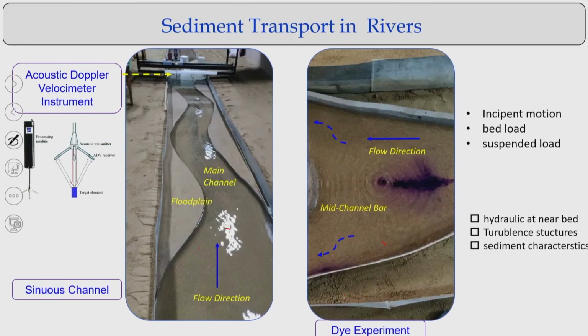You can see this river channel in the laboratory, a scaled-down model. If you increase the discharge, with the bed material the same, then as you increase the discharge, as expected, the bed shear stress is going to increase.